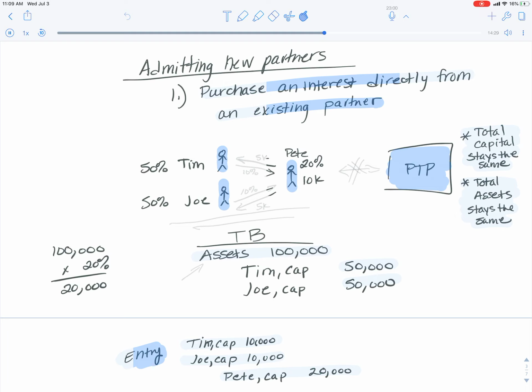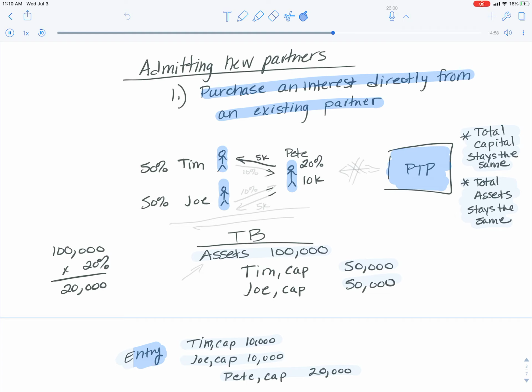So the first way that we could admit a partner is that the partners purchase directly from each other. So if they purchase directly from each other, let's say that Tim and Joe own 50% of this partnership, and Pete wants to pay $10,000 for 20% ownership, and he's going to purchase it directly from existing partners.